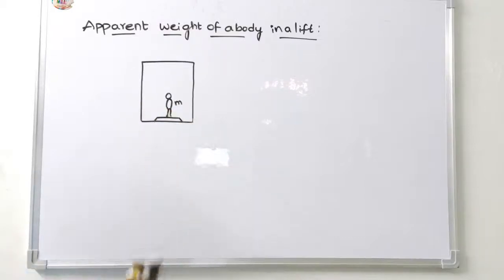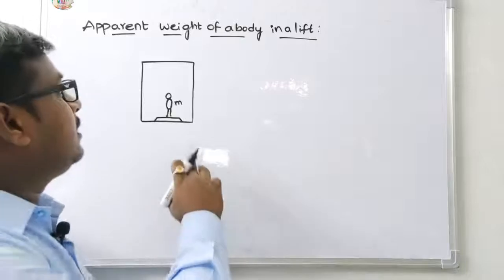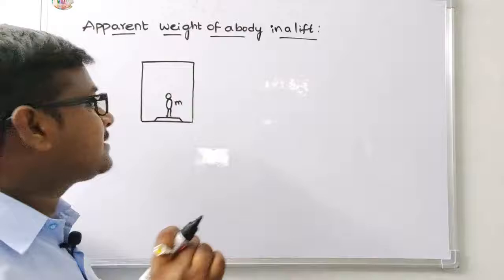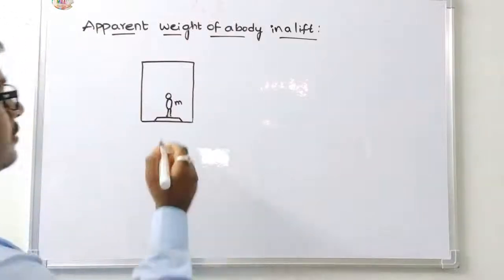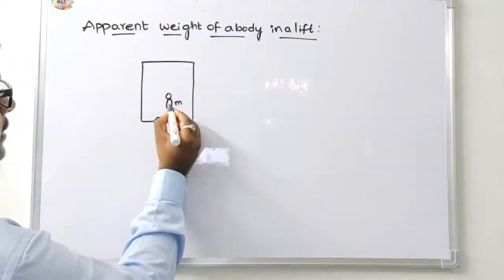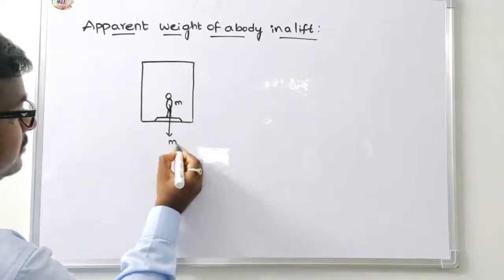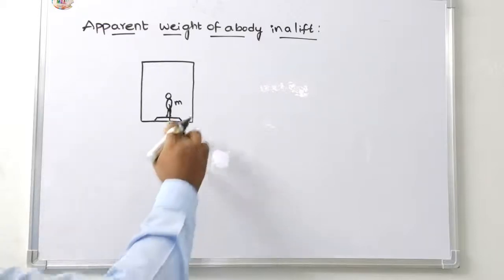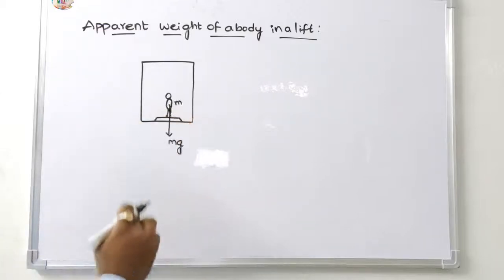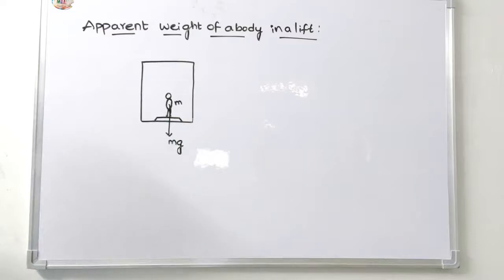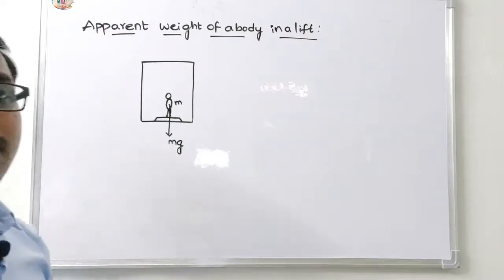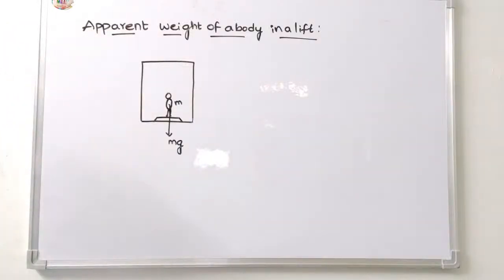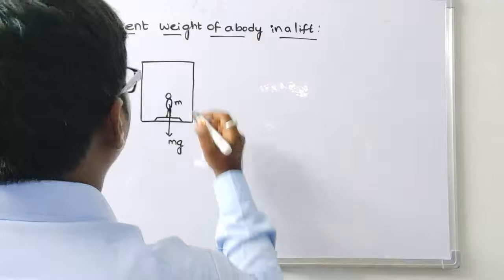When the actual weight of the body is mg, this acts on the weighing machine, which offers a reaction, given by the reading of the weighing machine.